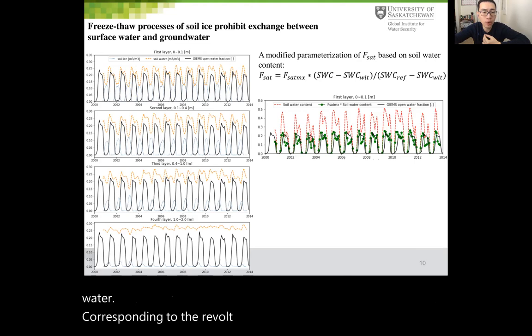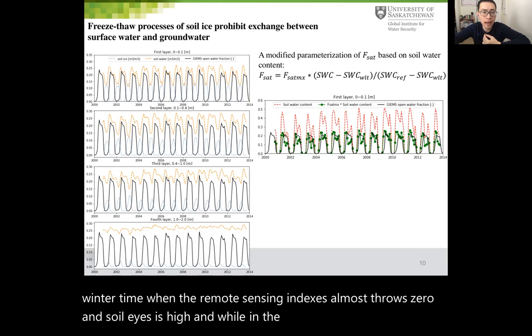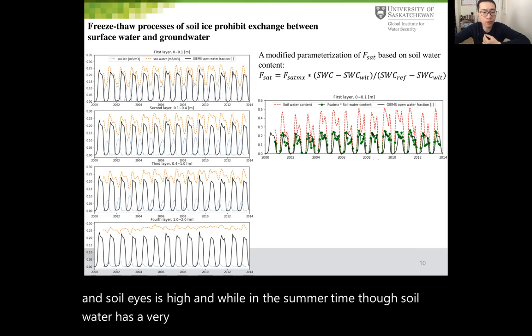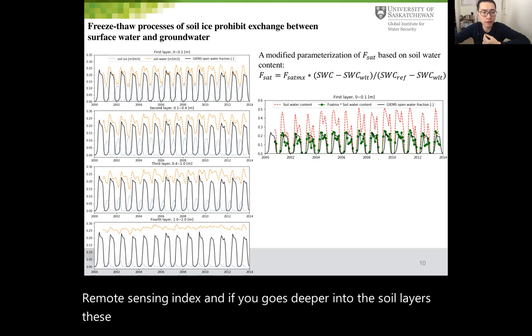You can see that in the wintertime, the remote sensing index is almost zero and the soil ice is high, while in the summertime the soil water has a very good correspondence with the remote sensing index. If you go deeper into the soil layers, these signals are not as clear as in the first 1 and 2 layers.